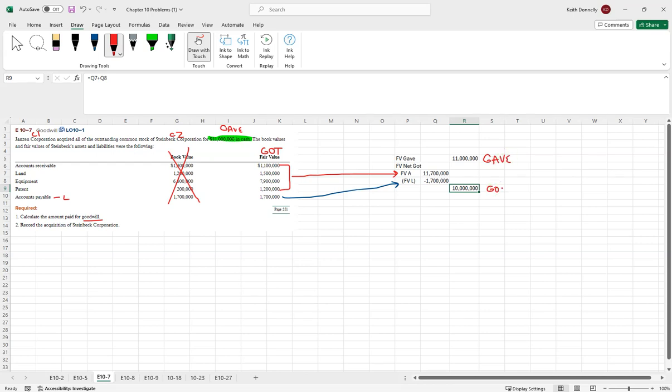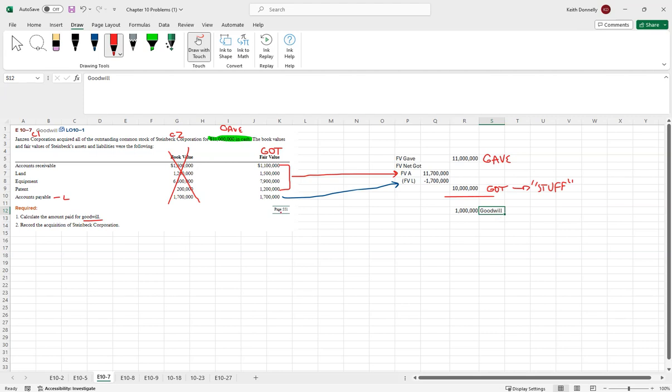That's what we got, kind of the net of stuff. What I mean by stuff is like physical stuff. So the difference there, the 1 mil, that's going to be the goodwill, right? It's not the store goodwill, it's goodwill, like the favorable reputation, right? That's how we kind of quantify this, one business buying another.